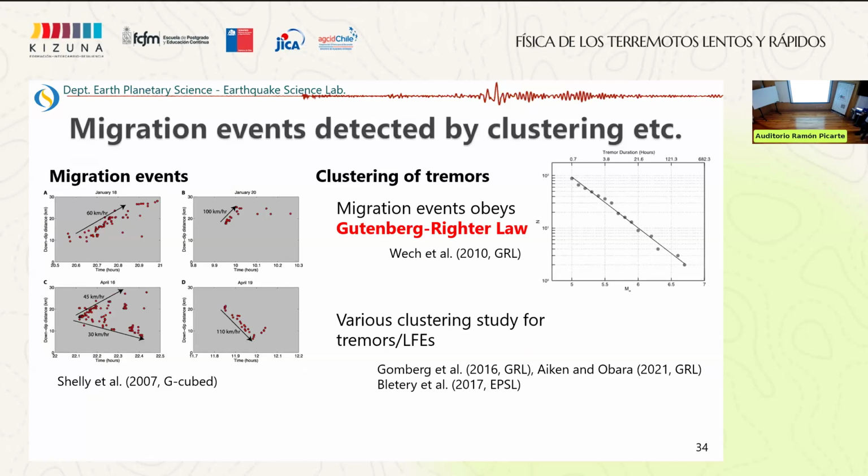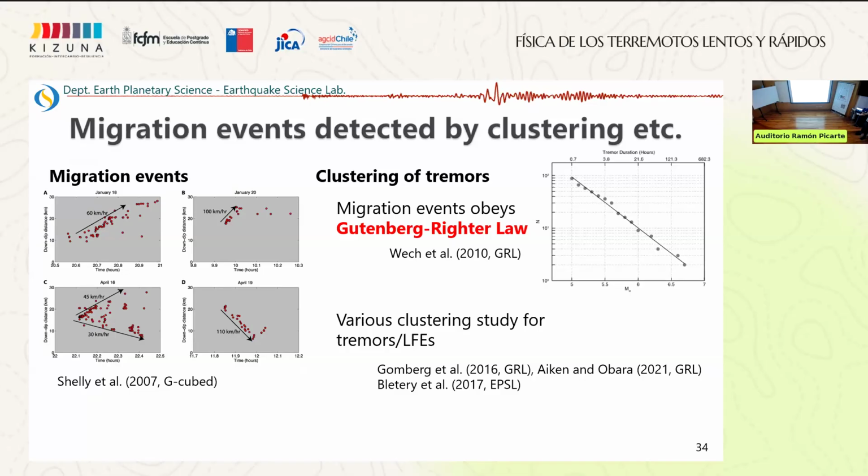We already explained that tremor migration occurs like this. This is time and space, so tremor moves in space and time. This movement has some group of tremors. So we can consider this group of events as a single event. So this is a tremor cluster.